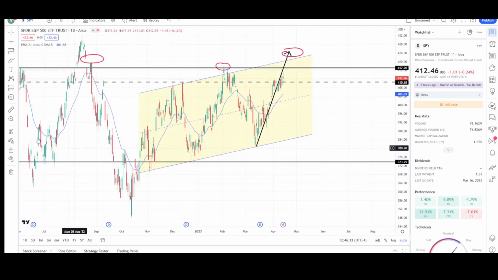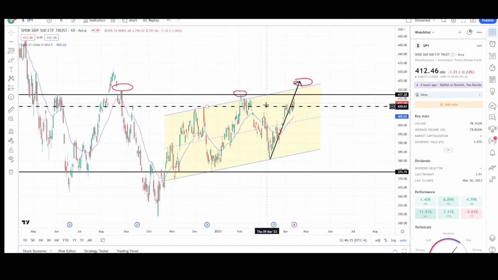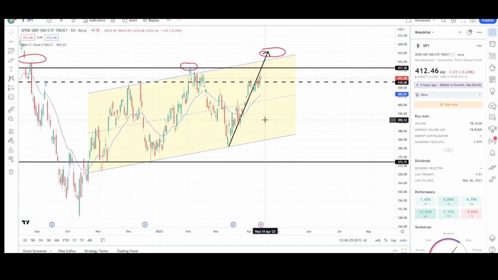So this is the ranging pattern that prices are stuck inside of. Minor resistance at the 410, but looks like the major resistance is approaching at the 417, right around the high 410s. So looks like prices are still trending higher.